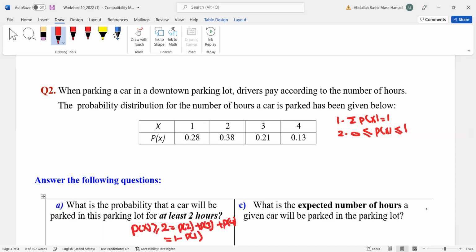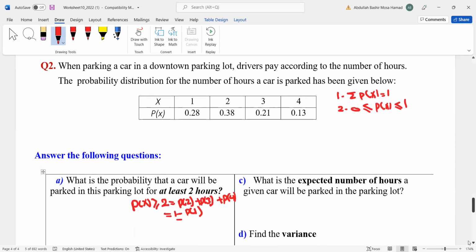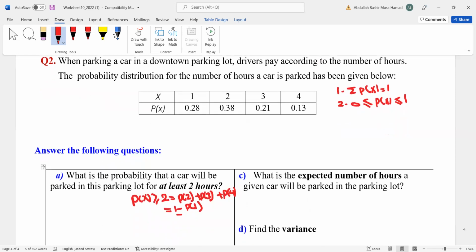P of 1 is 0.28, so it is 1 minus 0.28, which is 0.72. So about 72% of cars park at least 2 hours.